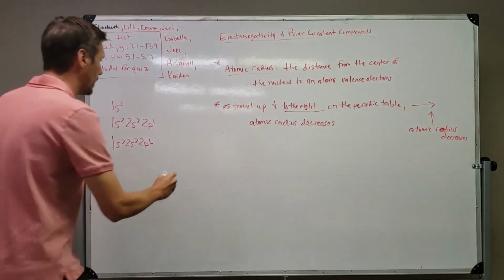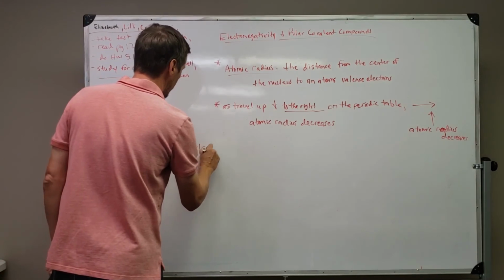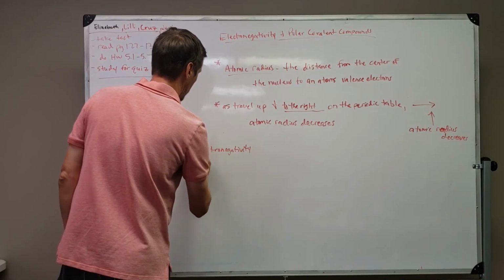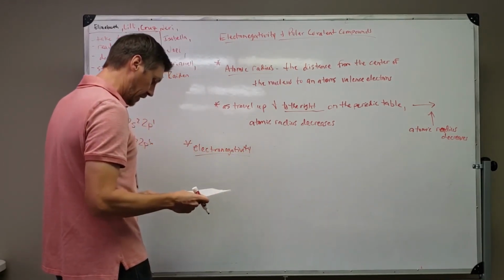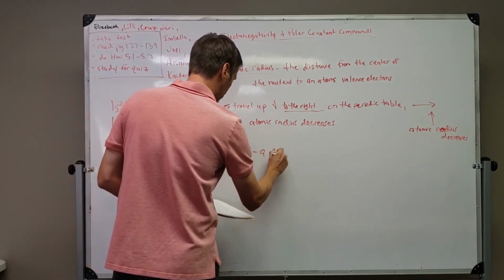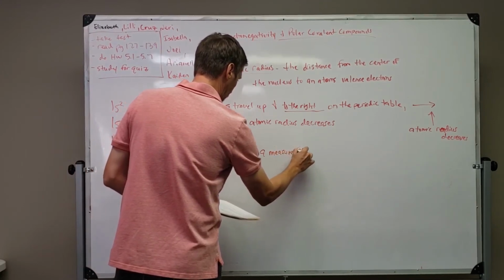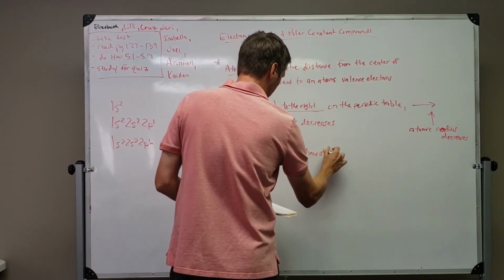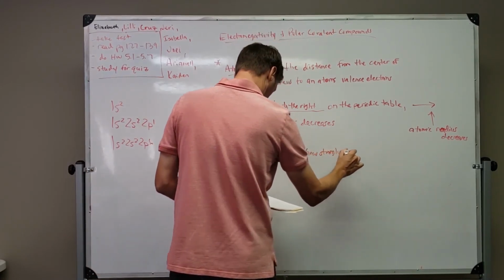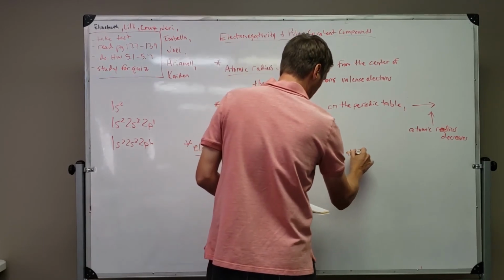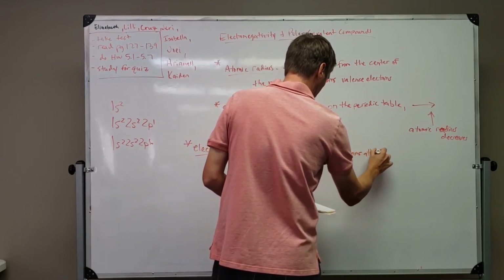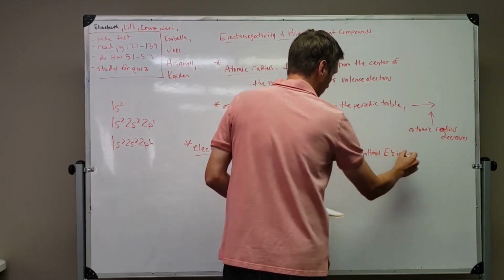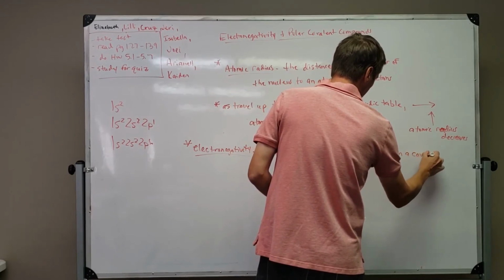Why did we talk about atomic radius? Because we want to make a comment about electronegativity. Electronegativity is a measure of how strongly atoms attract electrons in a covalent bond.